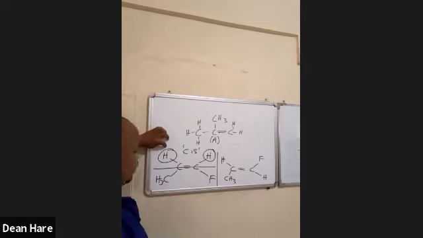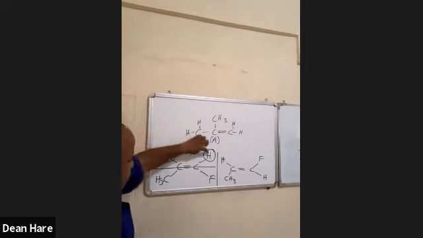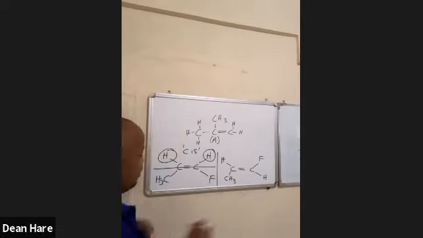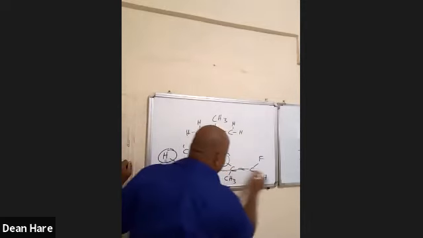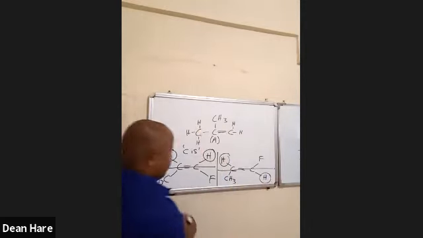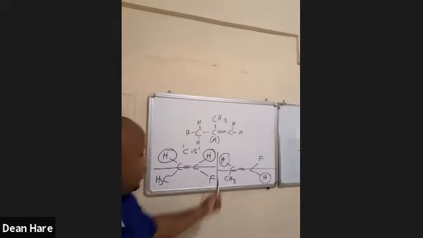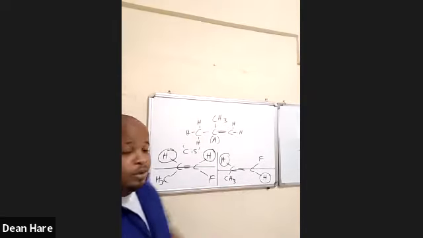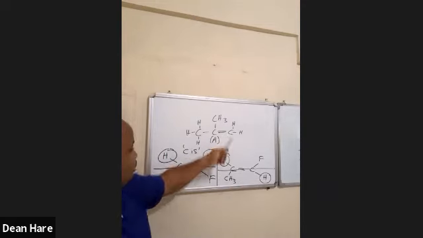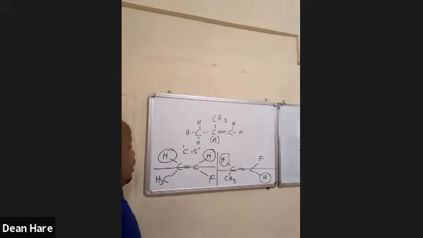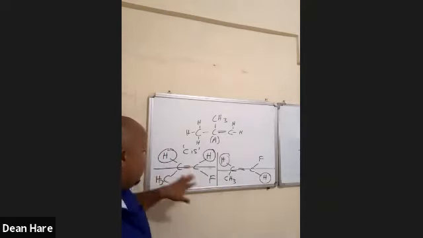So in the next instance, these same groups have to be on opposite sides of your double bond. So when they're on the same side, that is cis, when they are across from each other, that is trans. Now, if you look at this compound, all right, let me arrange it in the cis-trans configuration.